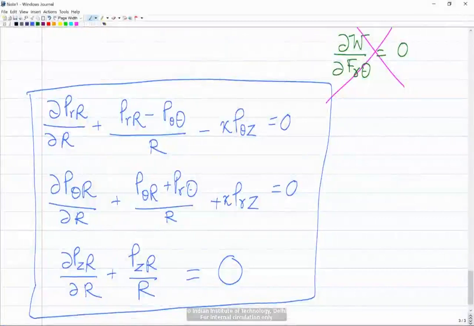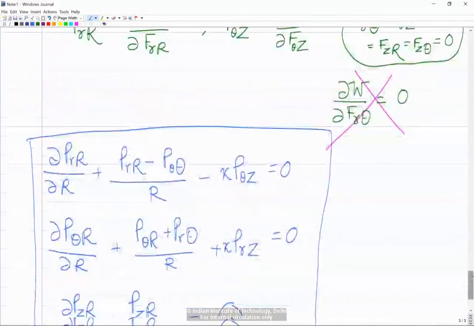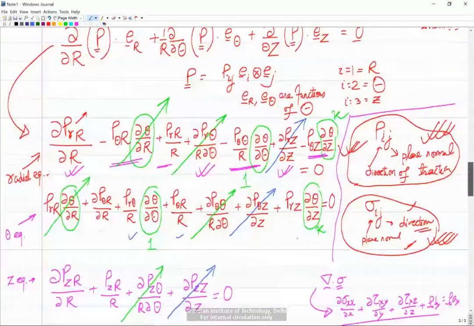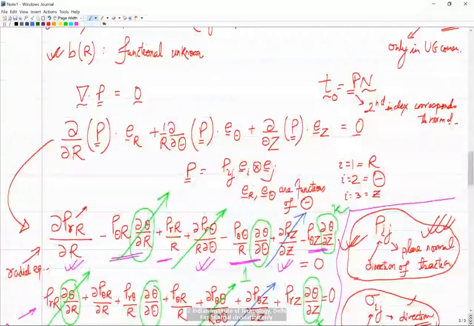Hello, sir. Sir, I had a doubt regarding using the mixed indices. This equation, we got it from the LMB, right? The simplified LMB. Exactly. So there, you told that I equal to 1, 2, 3 become capital R, capital theta, capital Z. So I was wrong there. Thank you for pointing it out. It's not really that. Where did I say that? Okay, I think I have to change it now.